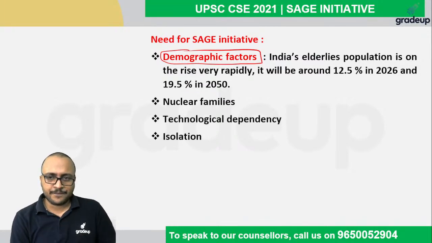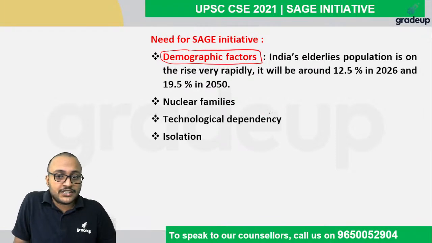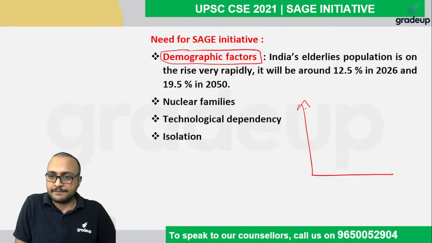If you have not seen that video, you can check the page of Gradeup IAS. In that video, I discussed the demographic curve of India up to 2050, up to 2045 to be exact.